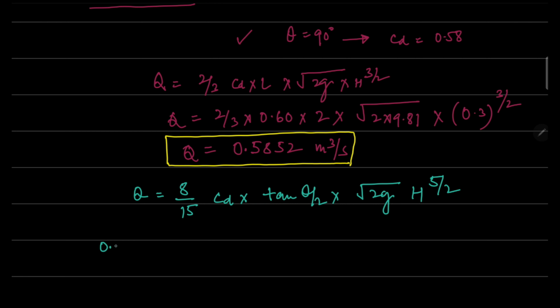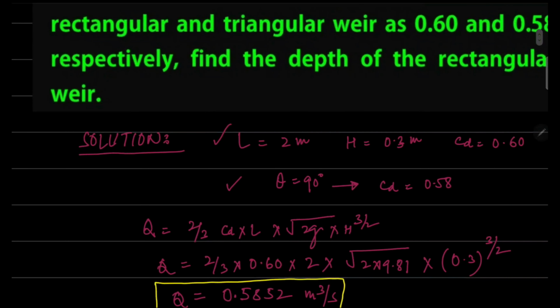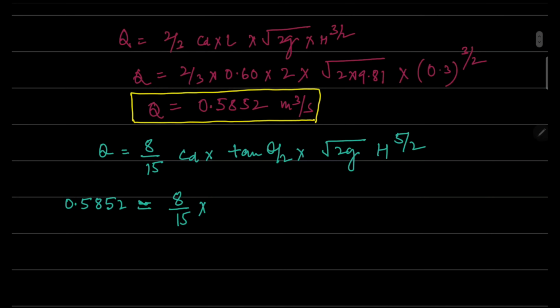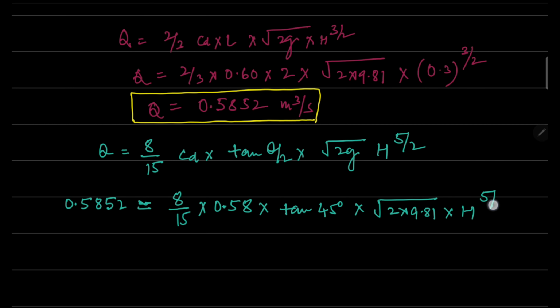So Q value is 0.5852 is equal to 8 by 15, CD value is 0.58, multiplied by tan 45 degree, that is tan 90 by 2. So this value is 1, multiplied by root 2 multiplied by 9.81 multiplied by H raised to the power 5 by 2.